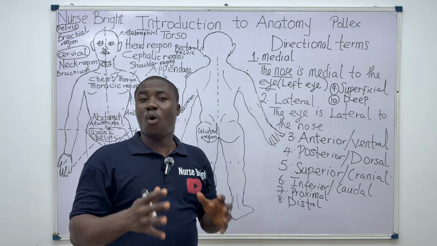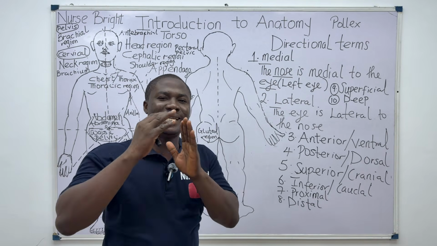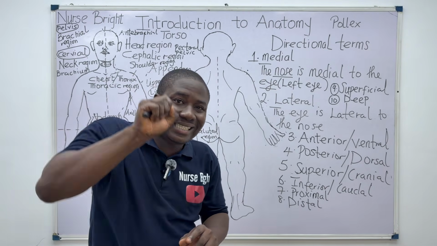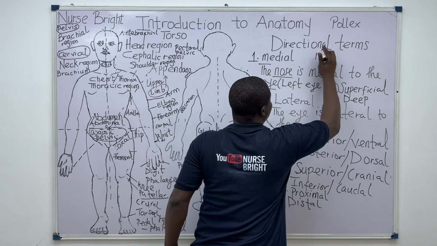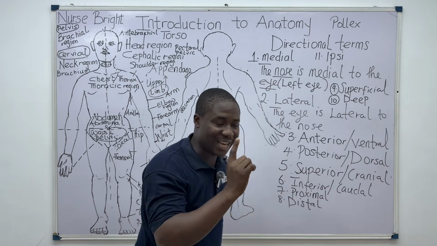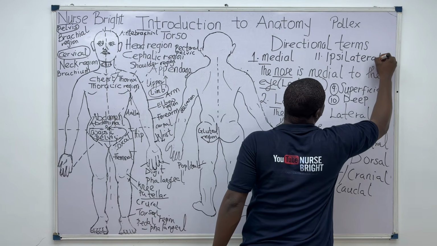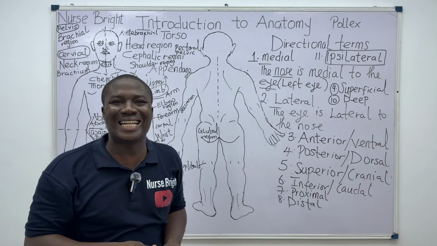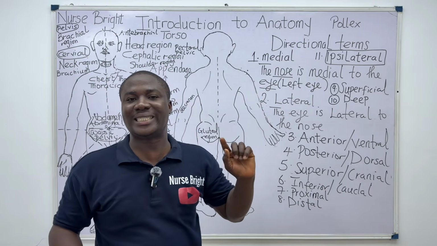Okay, guys, moving further, let's get into the next directional term. Pay attention. Number 11, all right? This term is called ipsilateral. What does it mean for a structure to be ipsilateral to another structure of the body? Pay attention.